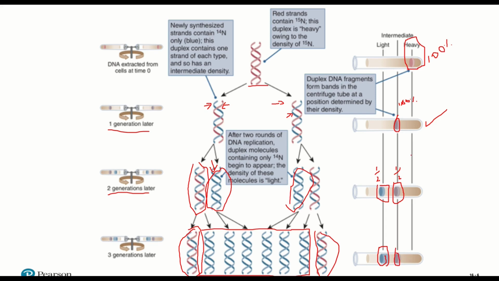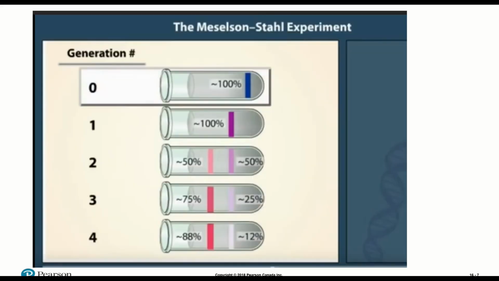But if you see, you lost the heavy one. There is no heavy one anymore in the first generation, and no more heavy one in the second or third generation. In this way, Meselson and Stahl found that the replication was semi-conservative. In the first generation, they found that all of them were the heavy isotope, while in the second one it was a combination of both.